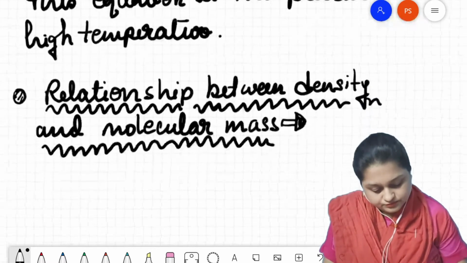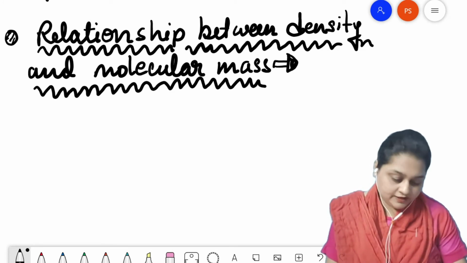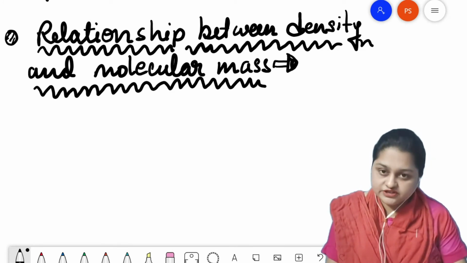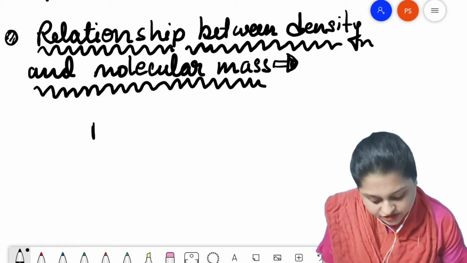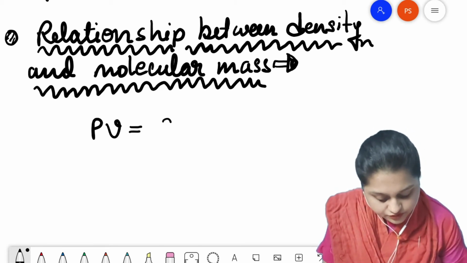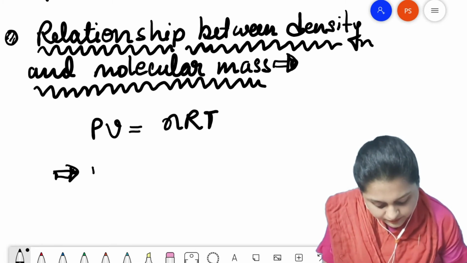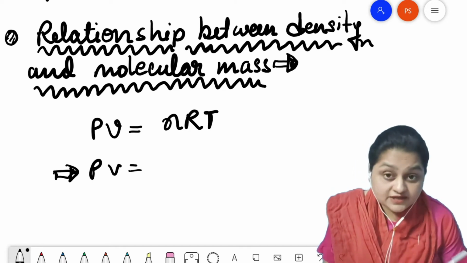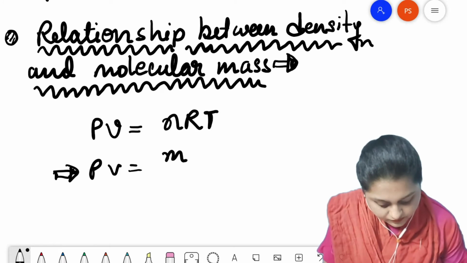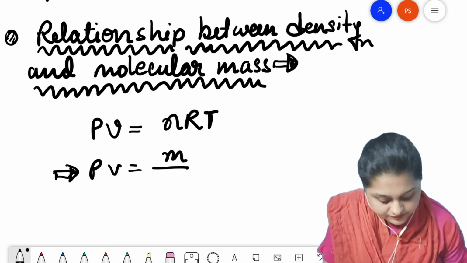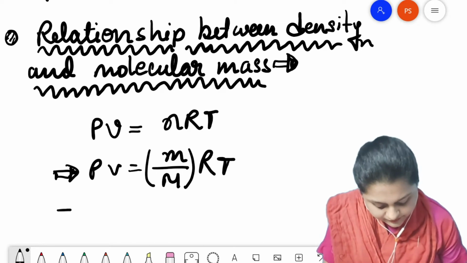Now, from the ideal gas equation, we can relate the density of the gas with the molecular mass of the gas. The ideal gas equation says that PV equals nRT, where n is the mole number and can be represented as total mass by molecular mass, multiplied by RT.